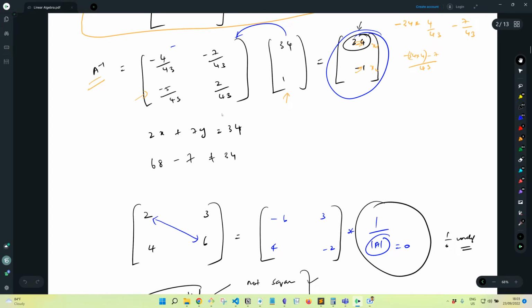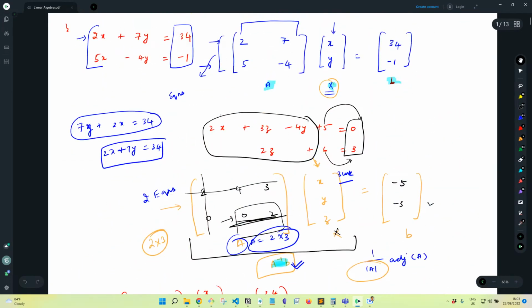So in last class we saw conversion of A to row reduced echelon form, right? Yes, sir. Okay. So I'll get started.